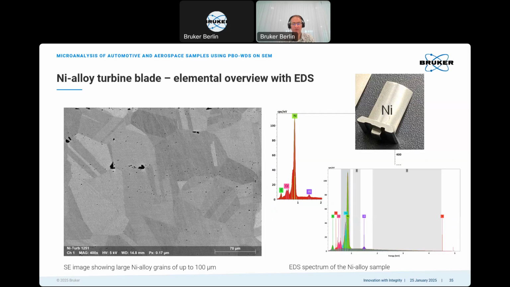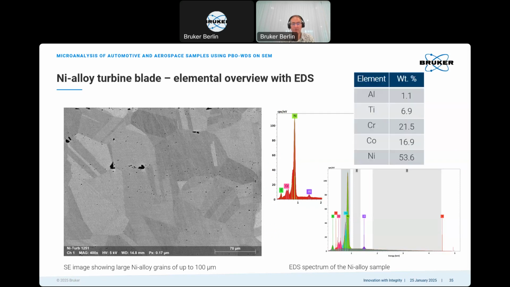And with EDS deconvolution, we can also easily find some portions of cobalt and of titanium. So the overall composition is shown here, mostly nickel, but then also high contents of chromium, cobalt, some titanium, and some aluminum.